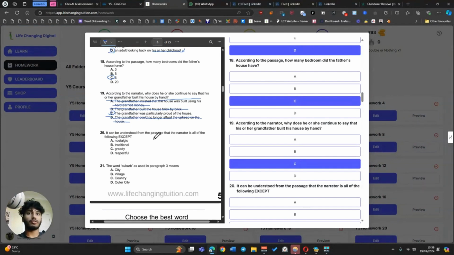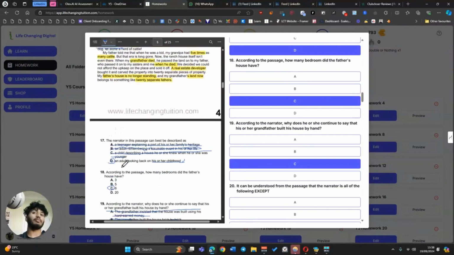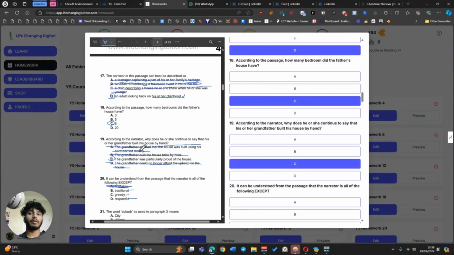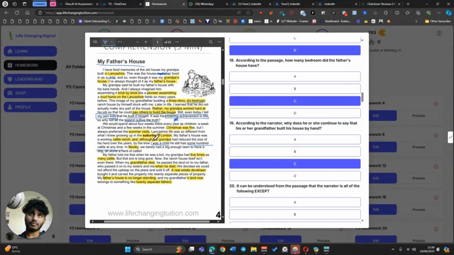Question 20, it can be understood from the passage that the narrator is all of the following except what? So we've got nostalgic, traditional, greedy and respectful. So there's already a sense of nostalgia if he's thinking about his past, so I do think he's nostalgic. Traditional, let's see some evidence for traditional.